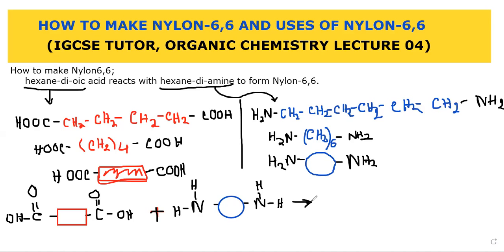Now let us try. What we are going to do is, at first we are going to remove some H and OH. We are going to remove all the H and all the OH: H, OH, H, and H.